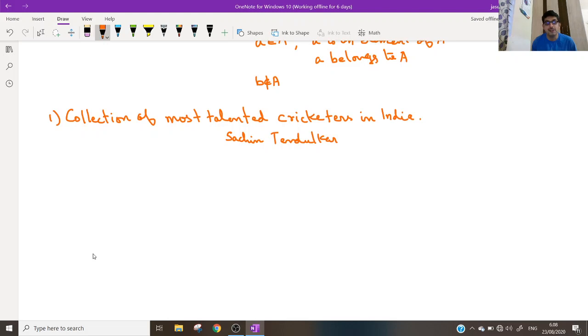For one person he may be the most talented cricketer, but not for another. So the collection is not clearly defined, and that's why the collection of most talented cricketers in India is not a set.